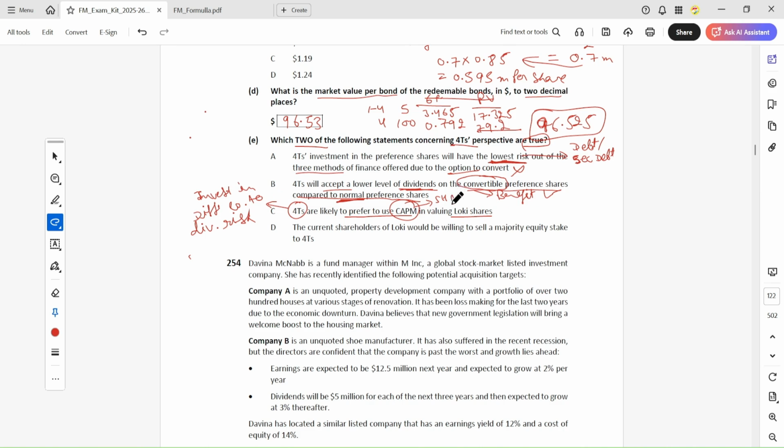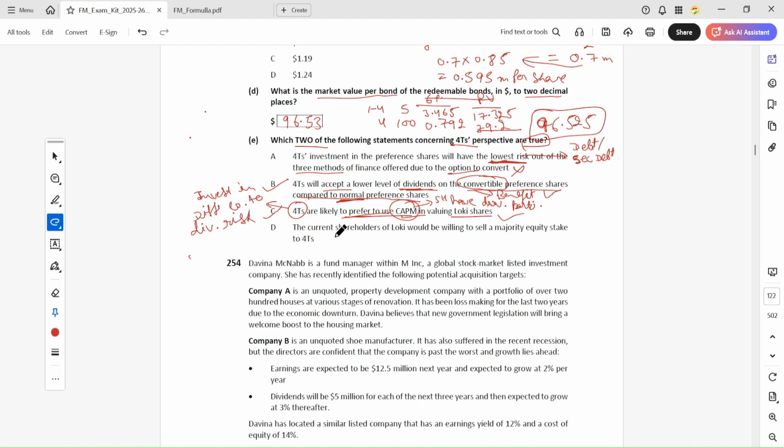In CAPM we have one assumption that shareholders have a diversified portfolio. That's why they are likely to prefer to value using the CAPM. So this statement is correct.